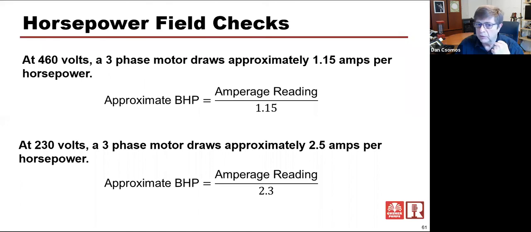It depends a little bit on the efficiency of the motor and how much more losses you have, but that's a pretty good approximation. So if you've got a 7 amp reading divided by 1.15, you're actually running somewhere around, I don't know, what would that be, 8 brake horsepower or so.